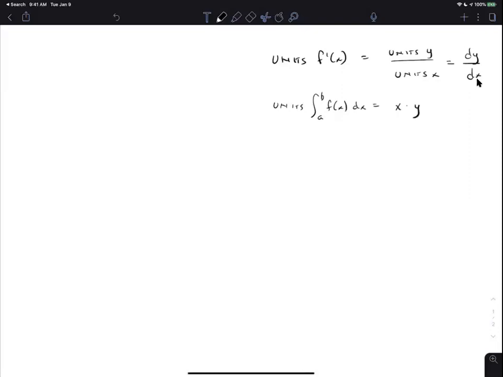When you're doing the Riemann sum, the base is delta x and the height is y, which is f of x. And that's actually where this notation comes from. F of x represents the height, dx is like delta x, it represents the base, and the integral sign is an S because it's the sum. It's literally saying sum of height times base. So you're adding up the area of a bunch of rectangles.